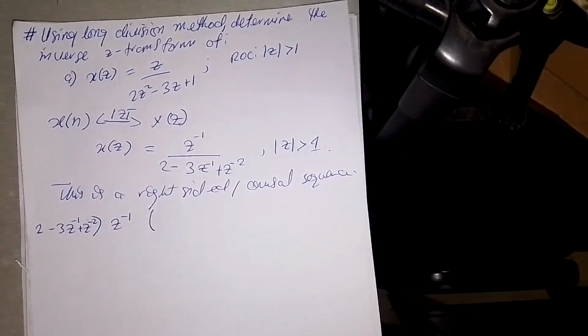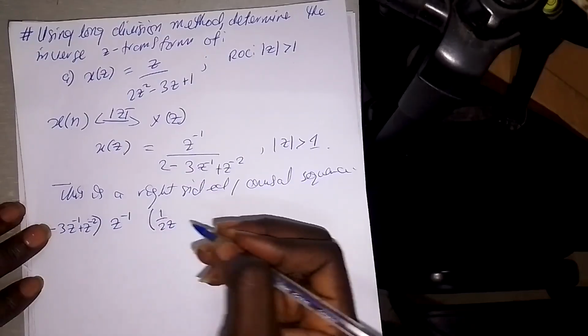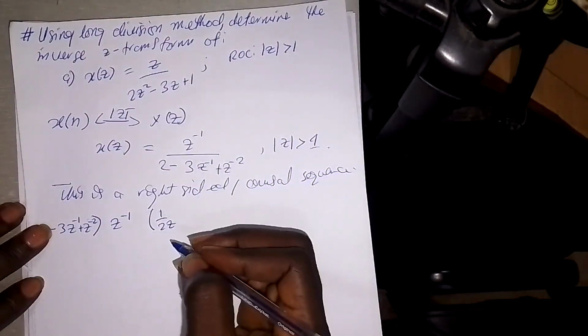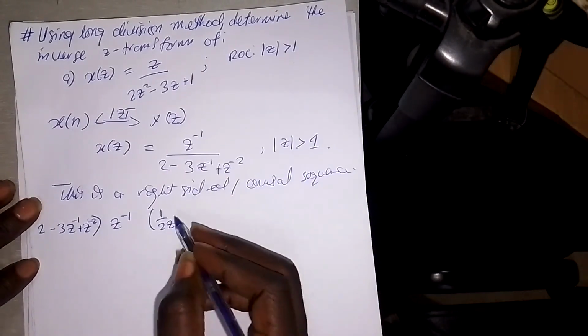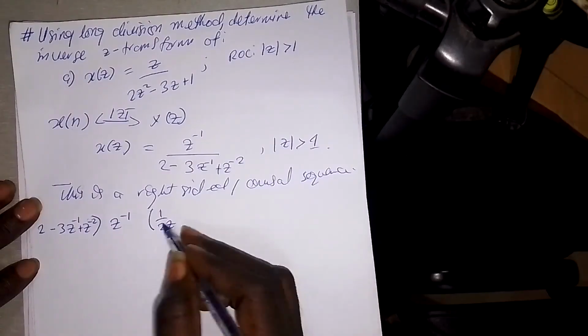So now here I'll write 1 over 2z. Or you can say 1 over 2 into z exponent minus 1. You can also say that.